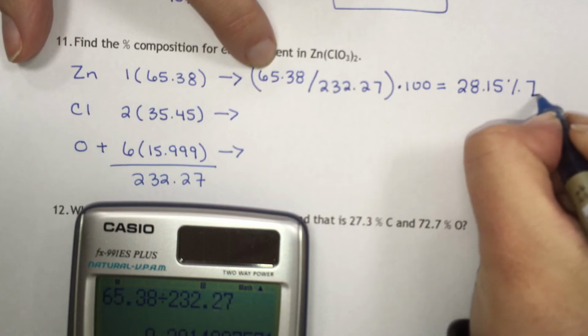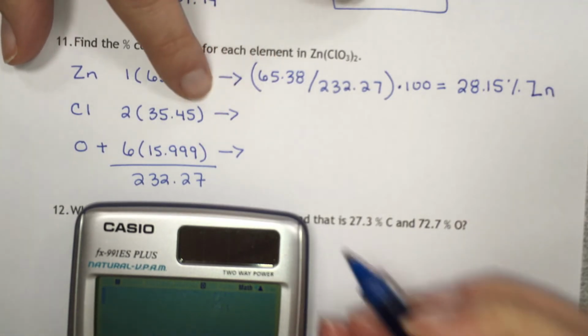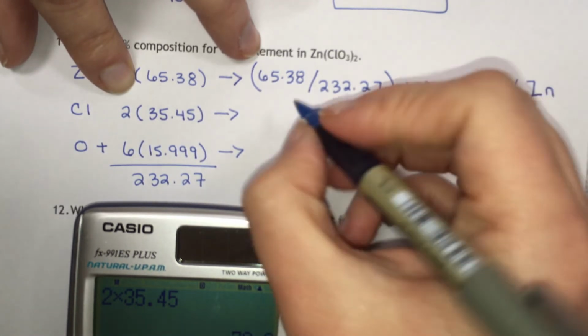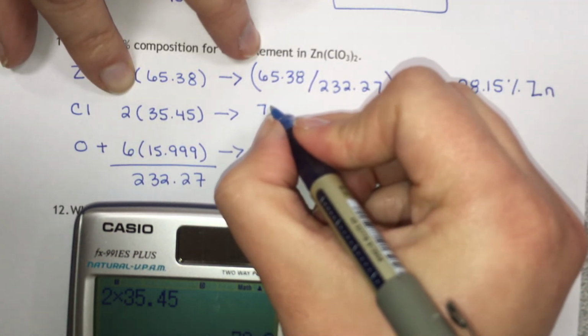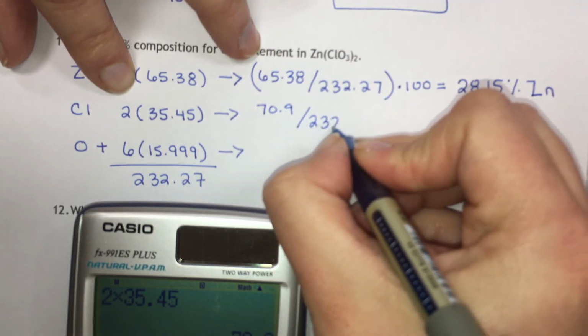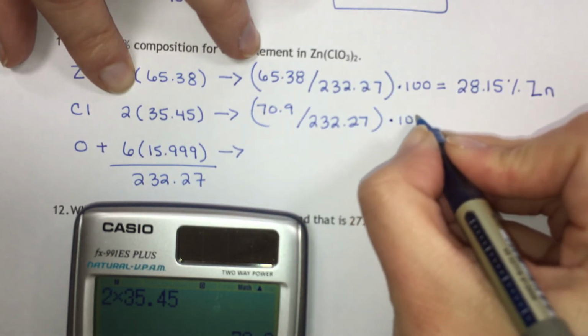Percent zinc, that's a Z. Okay, now we take this, 2 times 35.45, so that's 70.9, divided by the molecule's mass, and multiply all that by 100.